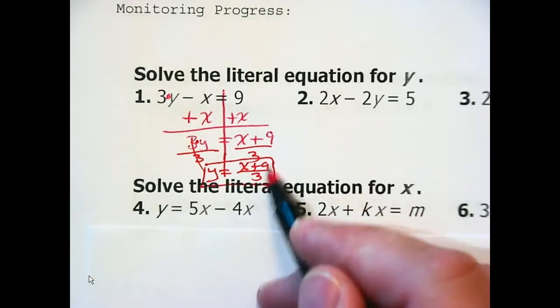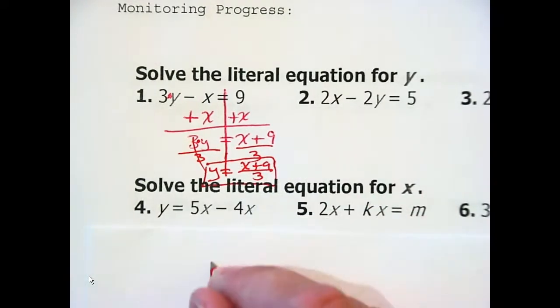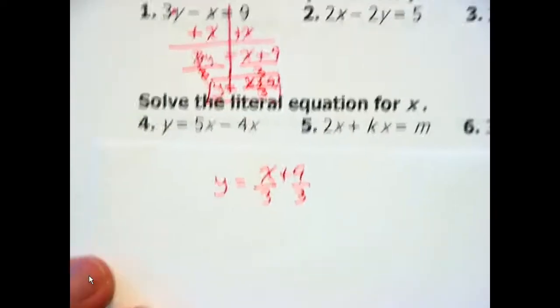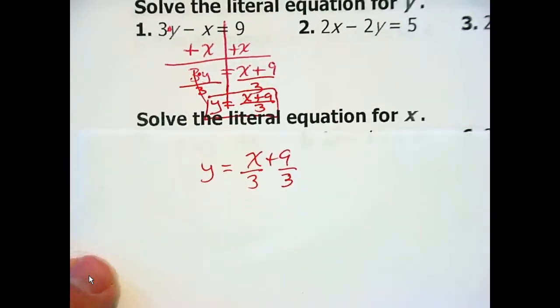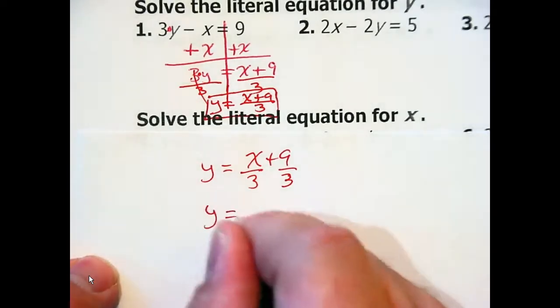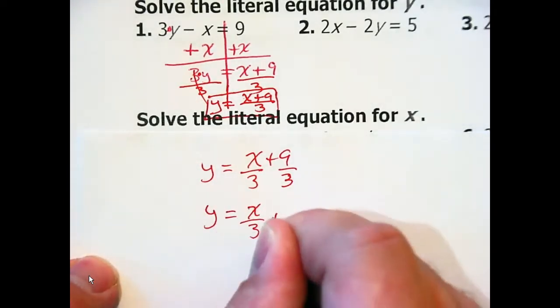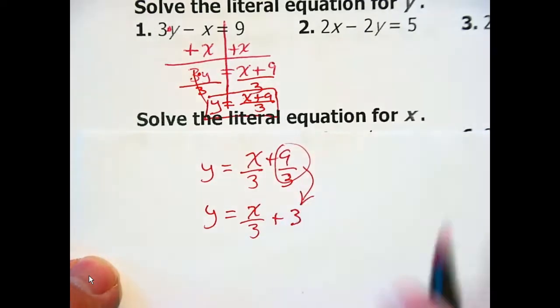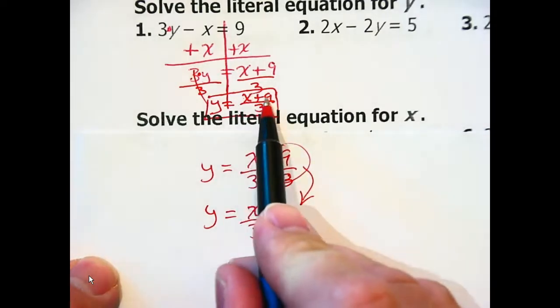The question is, wouldn't you divide the 9 by 3? If you divide the 9 by 3, which is fine, you could write it like that, and then it would be x over 3 plus 3, because this part would become 3. But you have to divide each thing on top by 3.